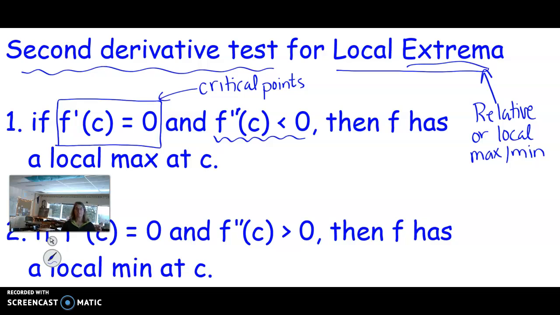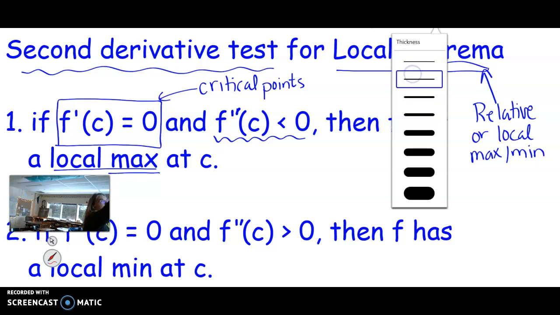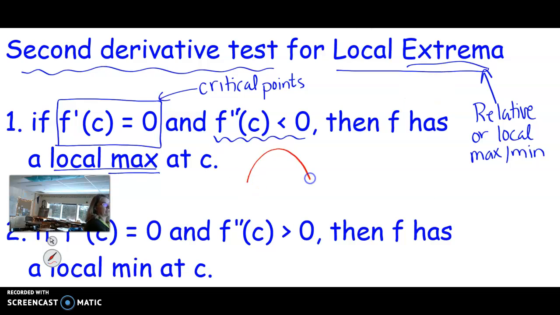So if the first derivative is 0 and the second derivative is negative, then f will have a local maximum at that value. If the second derivative is negative, it means it's concave down, and if the graph is concave down and the derivative is 0, we have a horizontal tangent there. It means you would have a local max at that point.